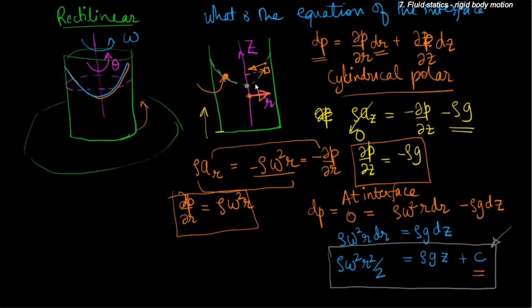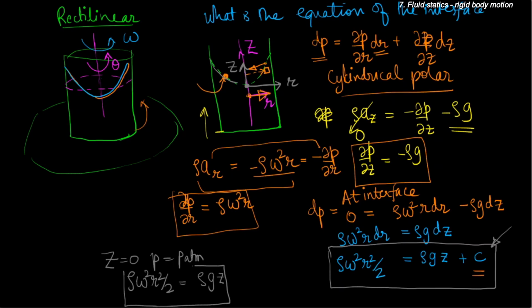So I can very well choose the coordinate system to be something like this, so that z equal to 0 corresponds to the bottom point, and essentially z equal to 0 corresponds to P equal to P atmosphere. So essentially I can simply make the constant to be 0, and I will have rho omega square r square upon 2 is equal to rho g z, and this is the equation of the interface.